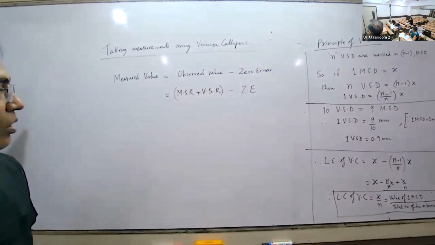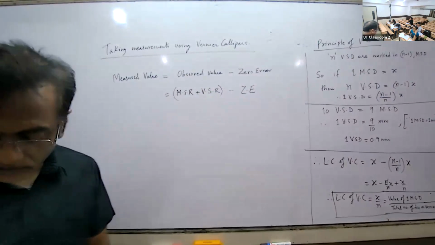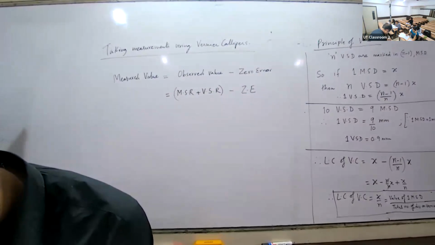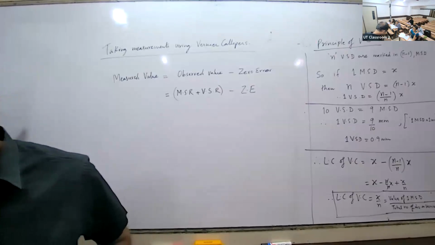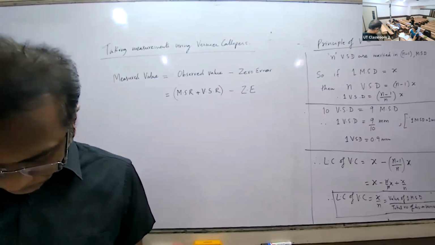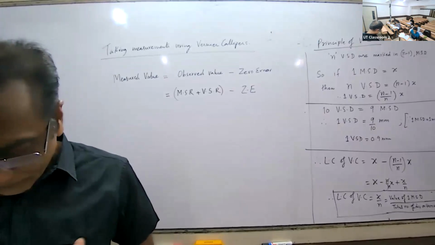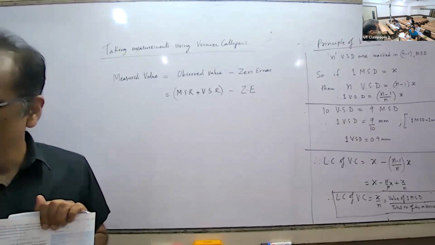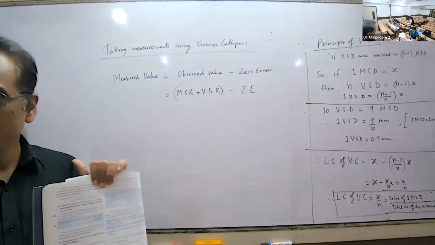Now, how to take the main scale reading? It's very simple. See this example in your textbook, figure 1.6. The upper scale is the main scale and the lower scale is the vernier scale. What is the main scale reading? It is 5.3.